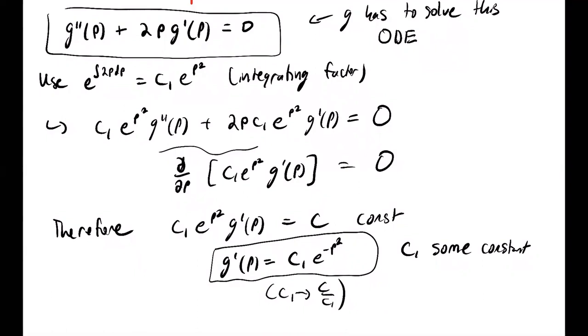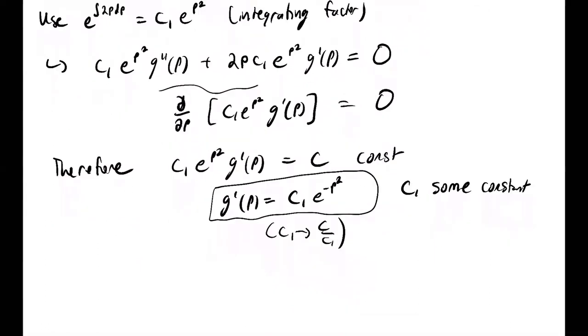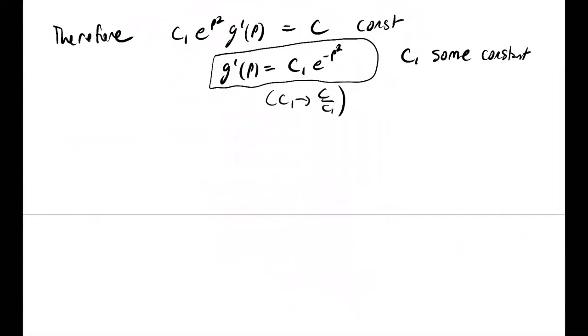Great. Okay, and so now we know what the derivative of g is. And if we know what the derivative of g is, then just using the fundamental theorem of calculus, we can get a formula for g. So we'll just take the antiderivative, and that's what g has to be.